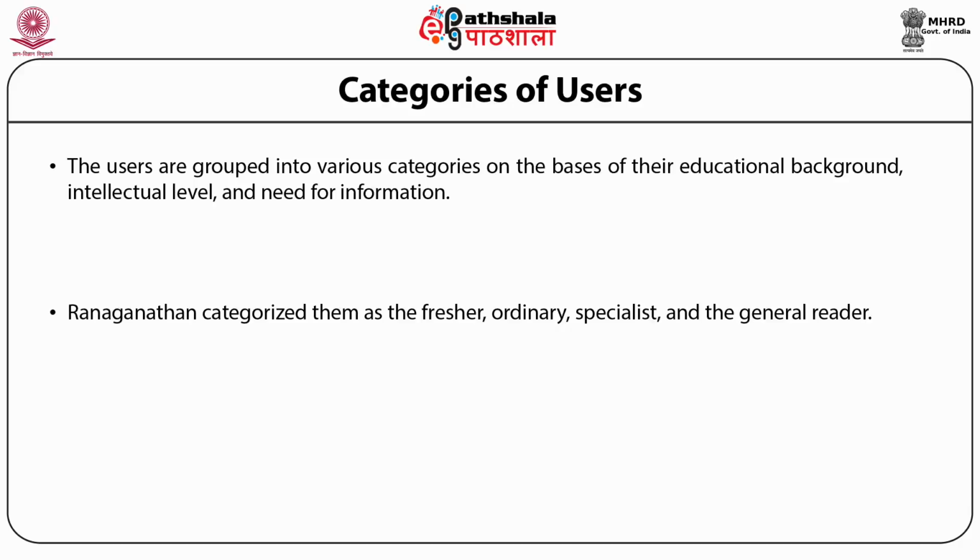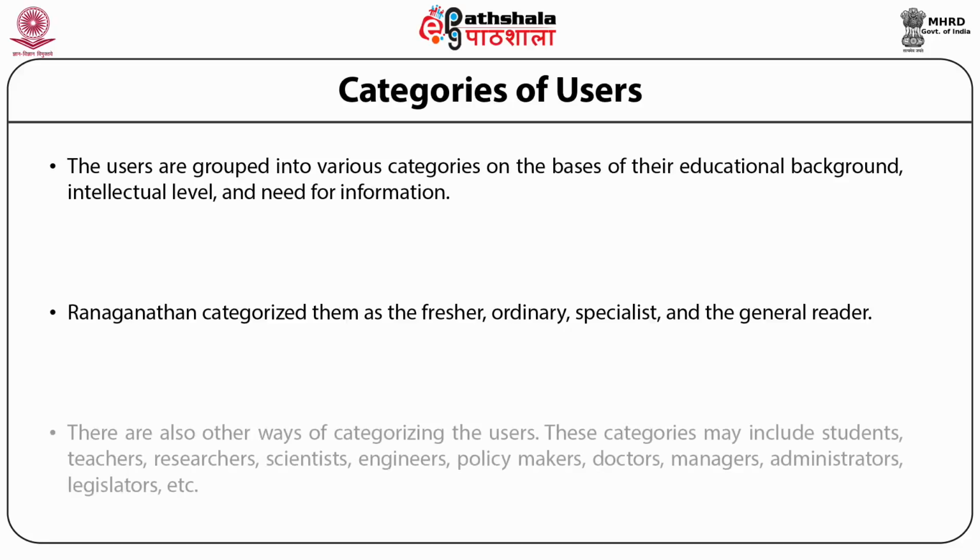Specialist users who are well aware about their subject or well aware as to what they really want to seek from the library. And the general reader who wants to know something about everything. There are also other ways of categorizing the users.